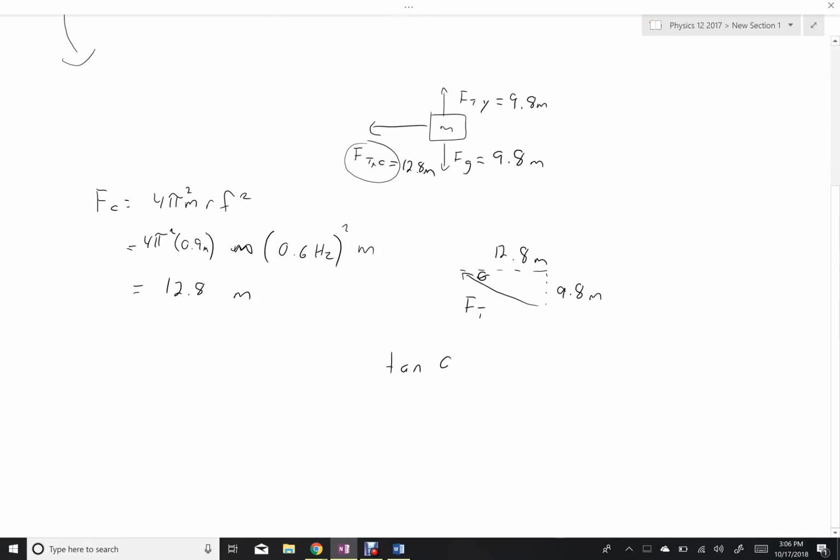So I can use the ratio tan to predict the angle. And I can see that the string would hang with an angle of 37 degrees.